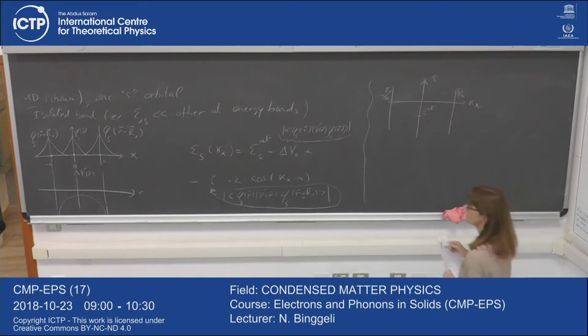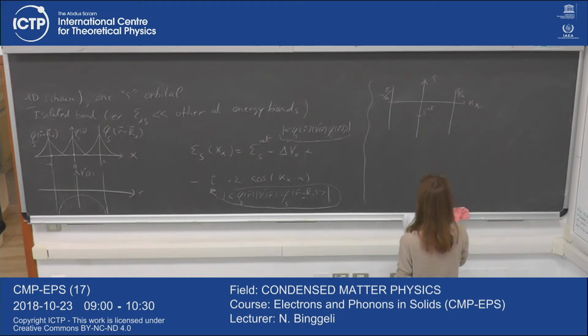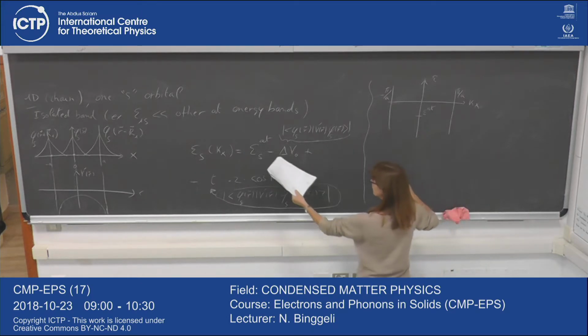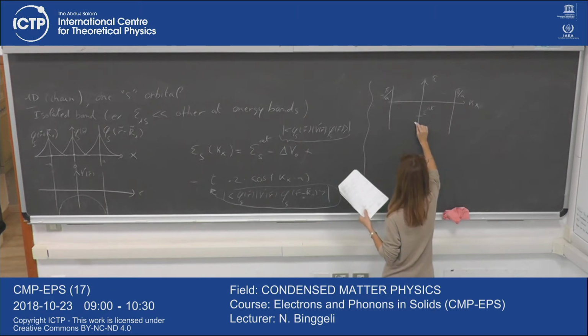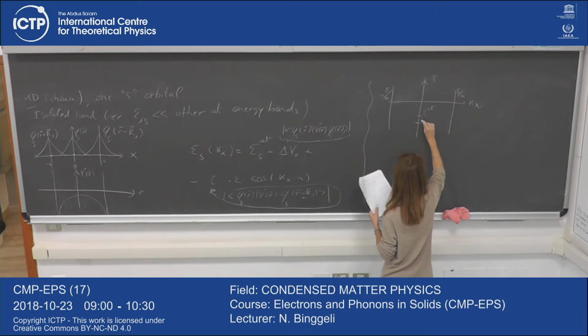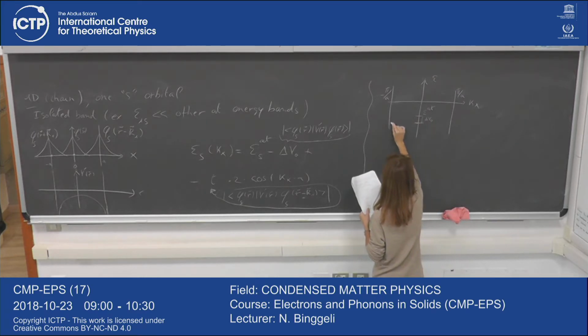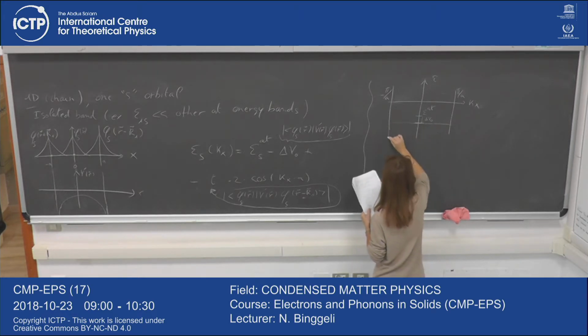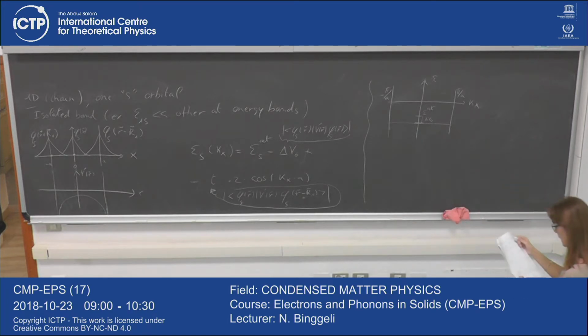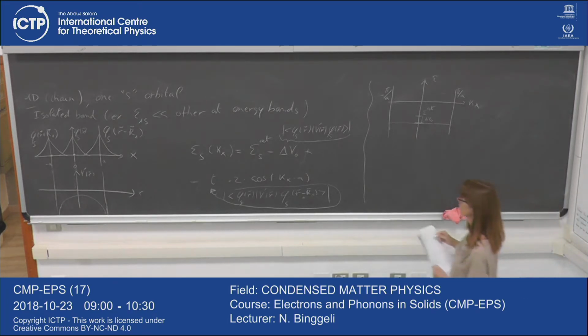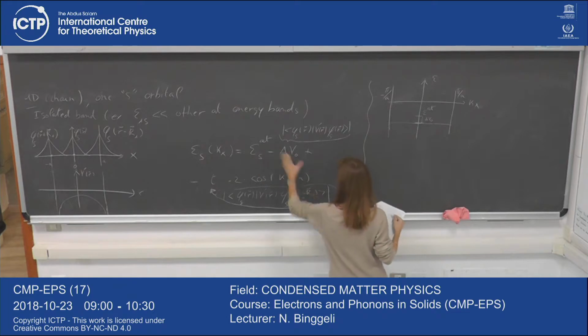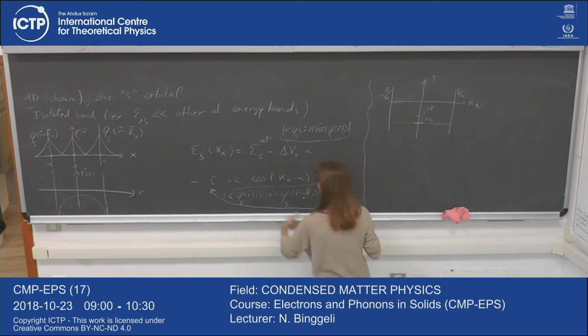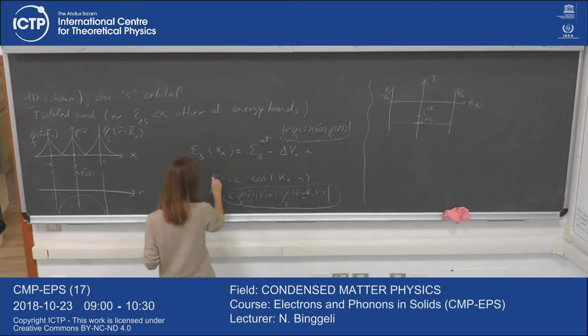It's a bound state. I will have this shift which will decrease the value. So this is my delta V0. So this will give me an average value here. And then these are just these two terms. The third term gives me the dispersion.